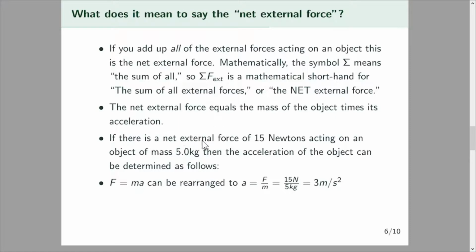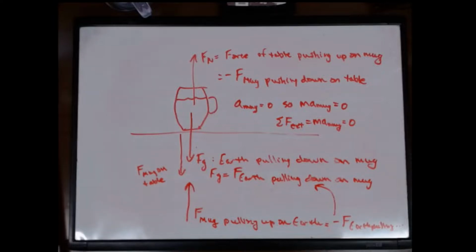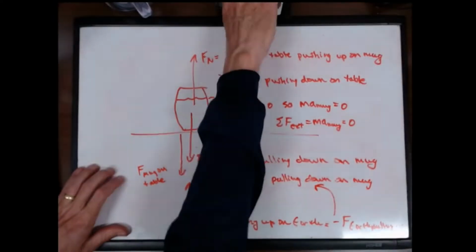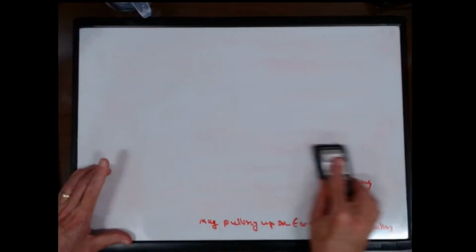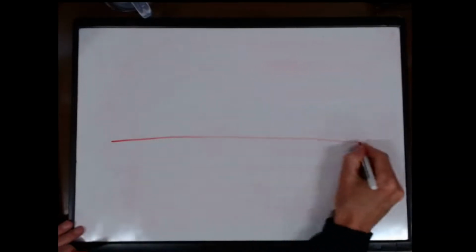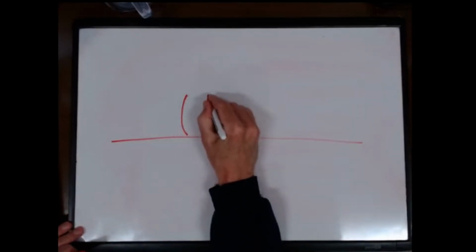So in the case where there is a net external force, for example, let's go back to my mug. Now I could take this mug and I could say, all right, it's sitting on the table, right? Here it is.